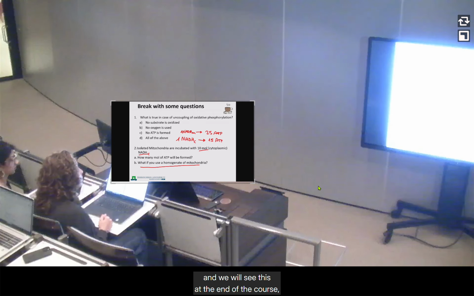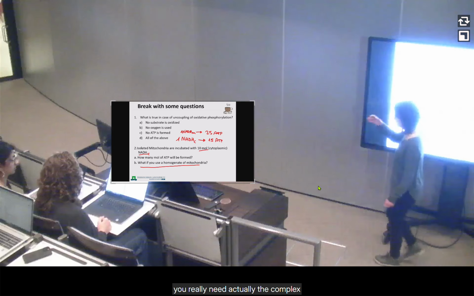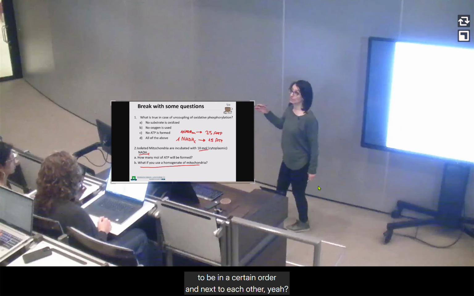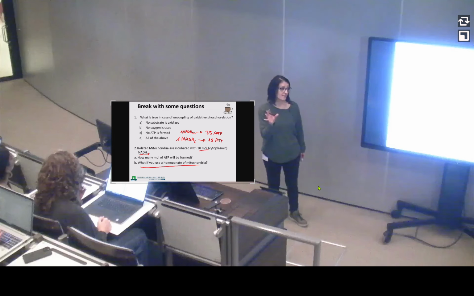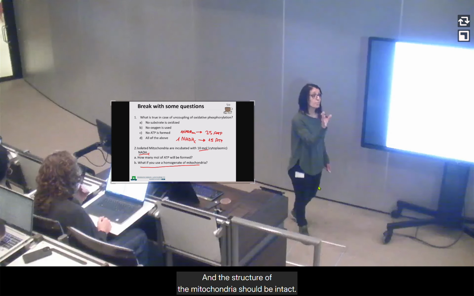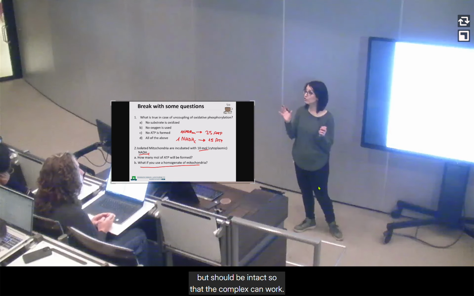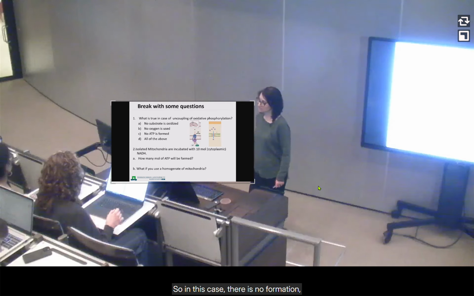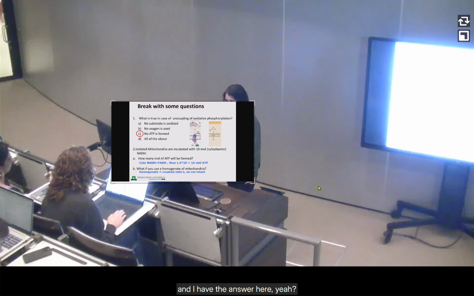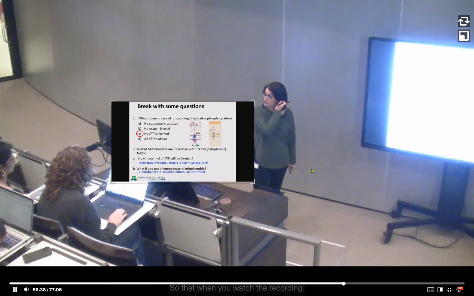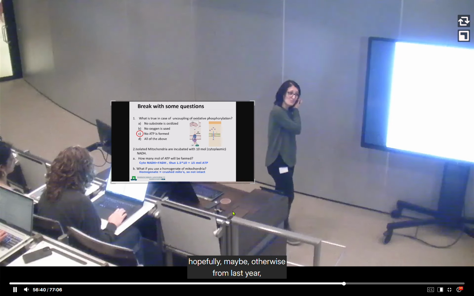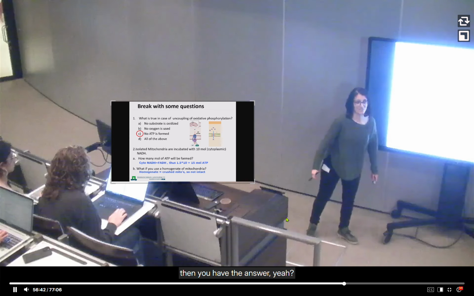You really need, and we will see this at the end of the course, the complexes to be in a certain order and next to each other. And the structure of the mitochondria should be intact. So it's not about coupling or uncoupling, but it should be intact so that the complexes can work. So in this case, there is no formation, and I have the answer here, so that when you watch the recording, or from last year, you have the answer.